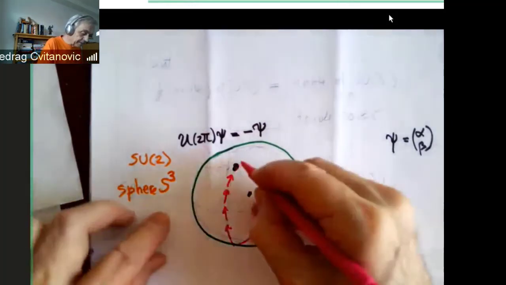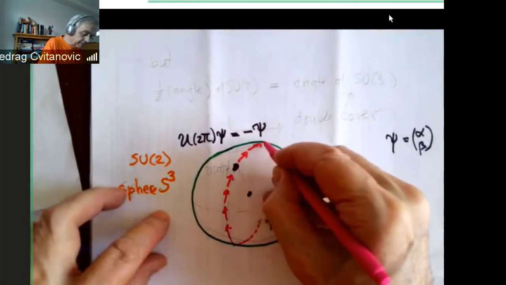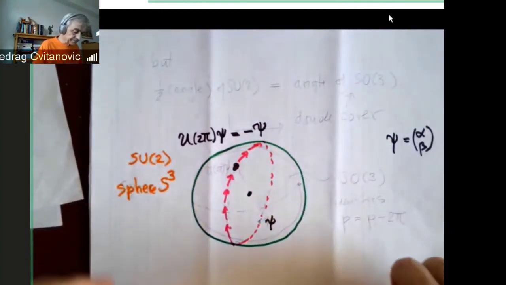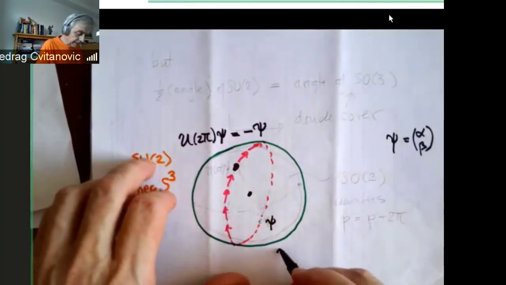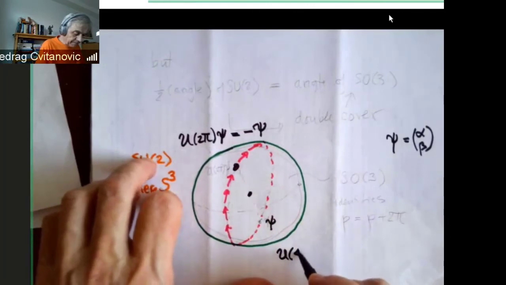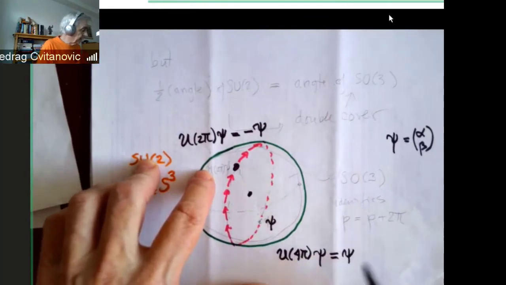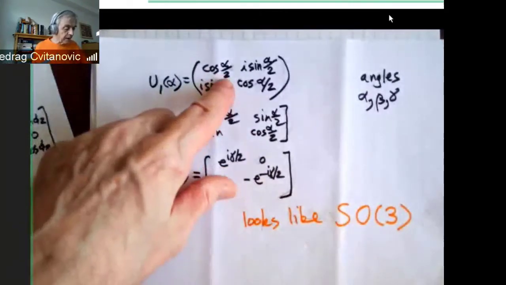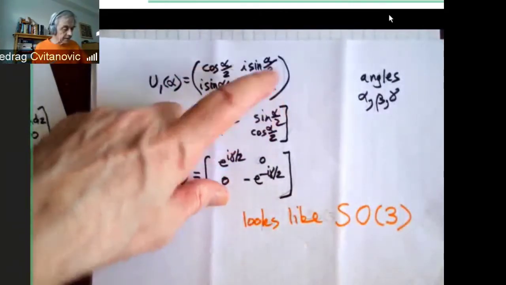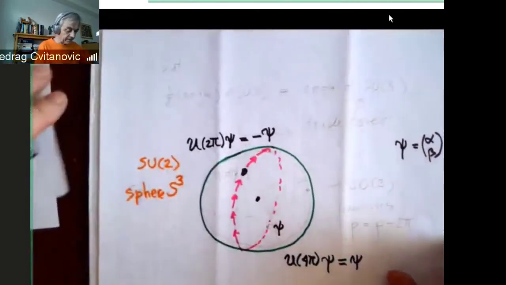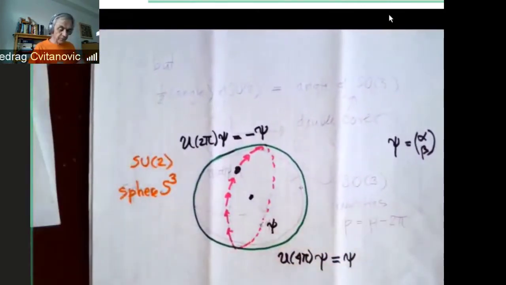And then you keep increasing the angle. And it's only when you get to 4 pi acting on psi that there'll be identity, because at 4 pi this becomes 1, 1, and 0, 0. So you have to run twice as far than you would do for SO3.